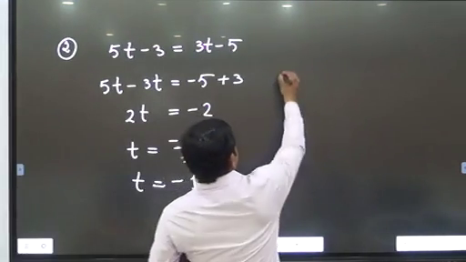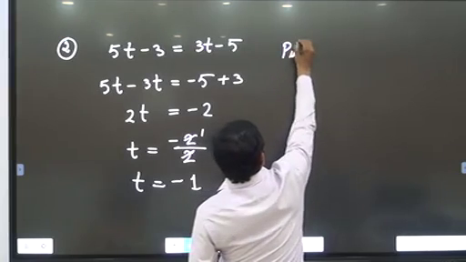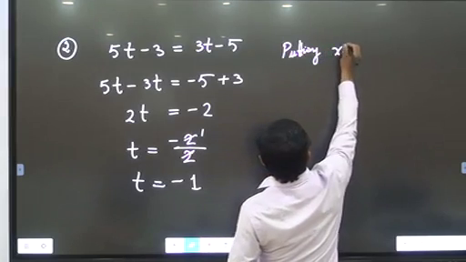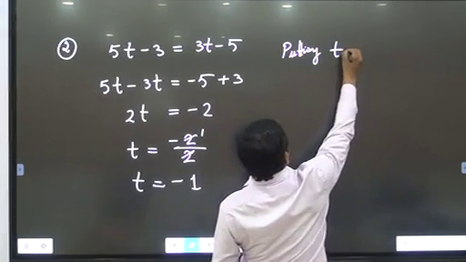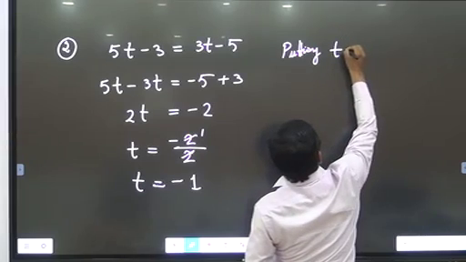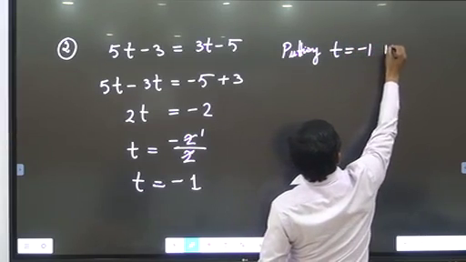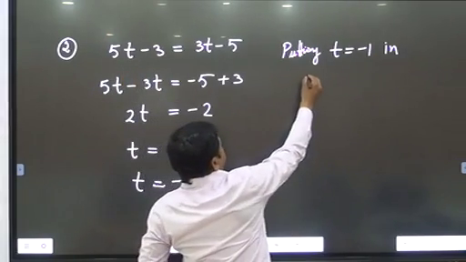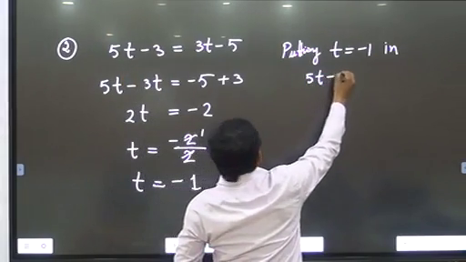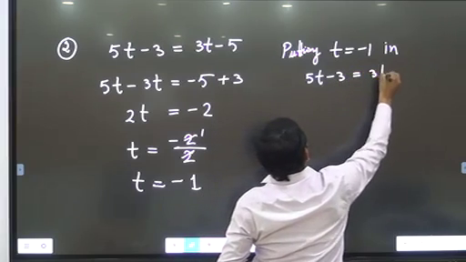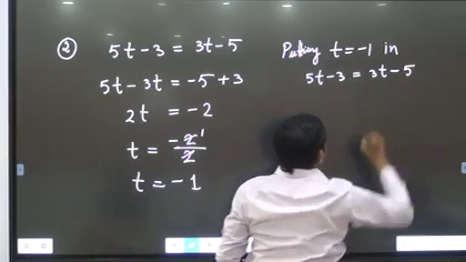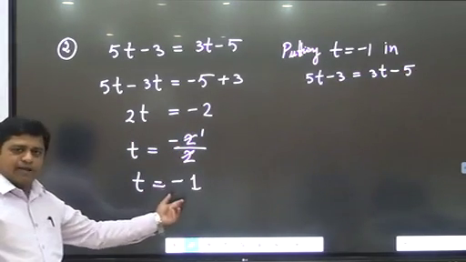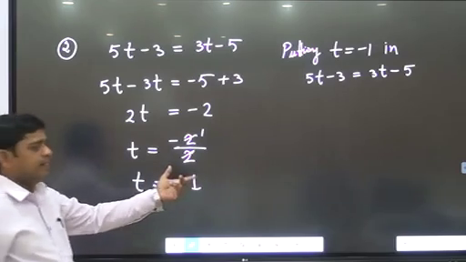So again we are going to check whether the answer is correct or not. So putting t is equal to minus 1 in the equation 5t minus 3 equal to 3t minus 5, in place of t.